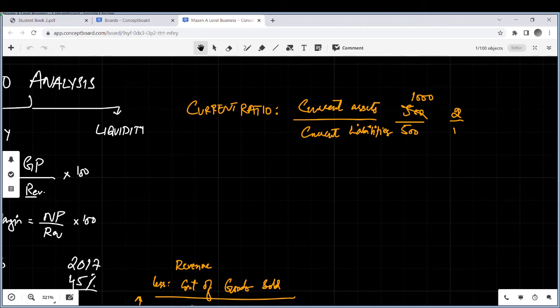As long as current assets are more than current liabilities, or this ratio is one or more, the business is seemingly fine, because it shows that whatever current liabilities you have got, you have at least that much in current assets. Current liabilities are the borrowings that you have to pay back within the next year, and current assets are the assets that would turn into cash in the next year. So using these assets, you can pay back these liabilities.